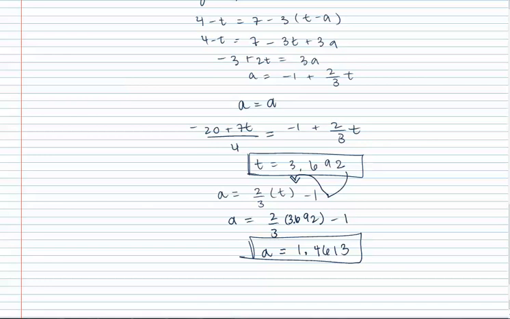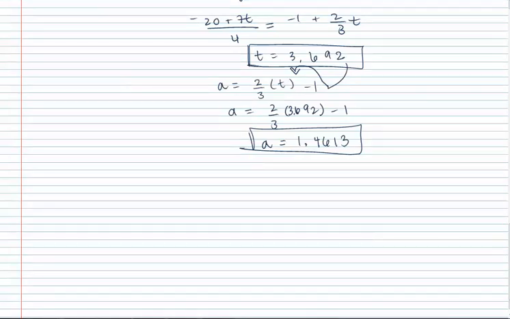So now with your a being 1.46, you take the 0.46 and multiply it by 60 seconds. So you have 0.46 times 60, which should give you about 28 seconds.